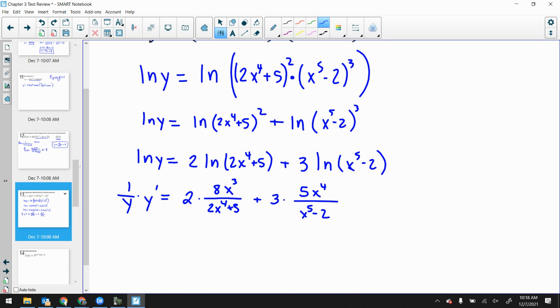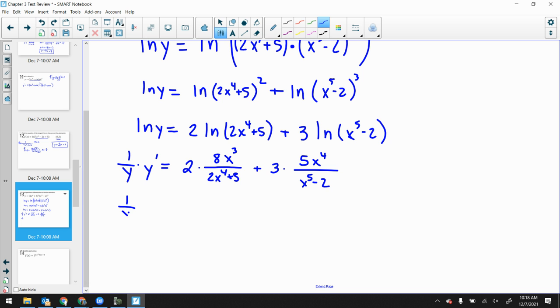Let's multiply those constants up to the numerator. So this becomes, again, 1 over y prime is equal to 16x to the third over 2x to the fourth plus 5, plus 15x to the fourth over x to the fifth minus 2.